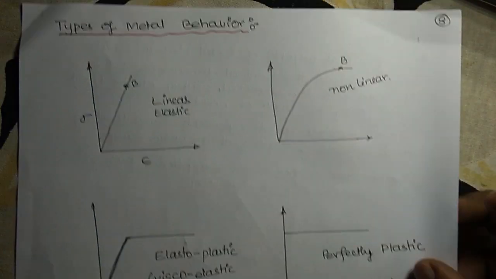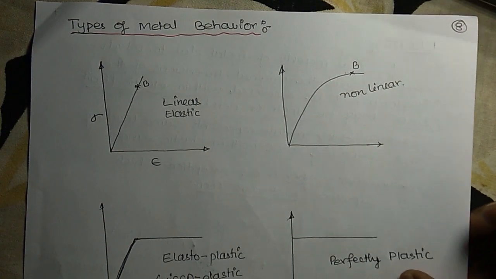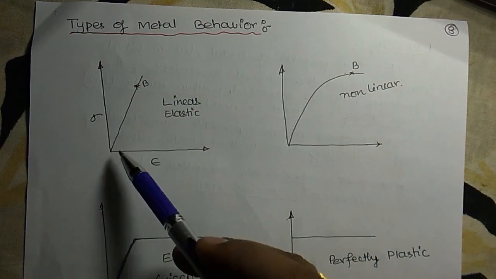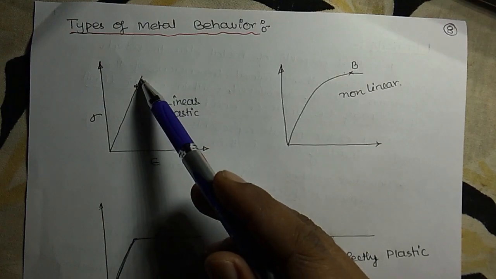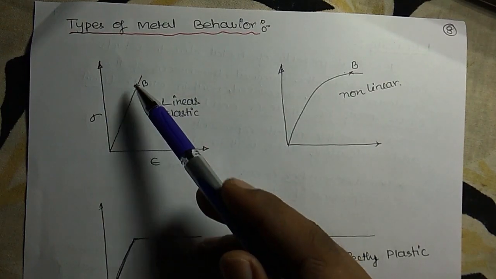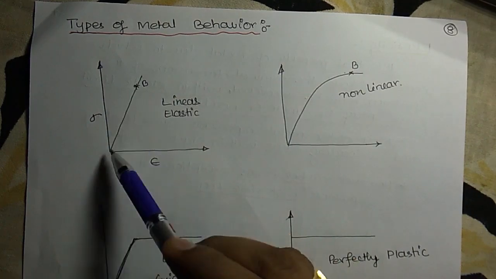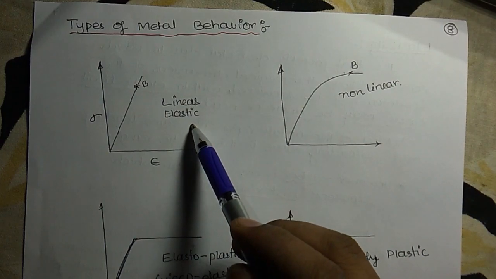Coming to the next topic, you have different types of metal behavior. First is linear elastic. That means in the stress strain diagram, if the line varies linearly up to the elastic limit, usually point B, that type of behavior we call linear elastic behavior.